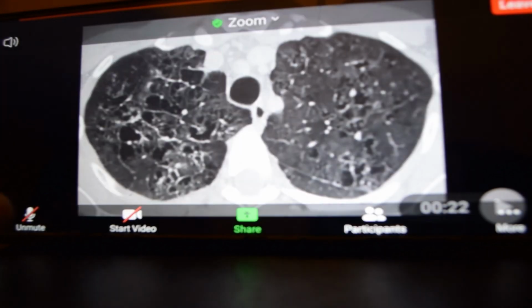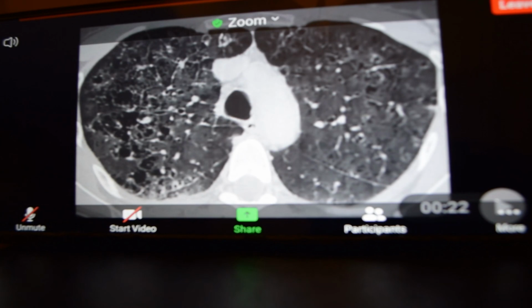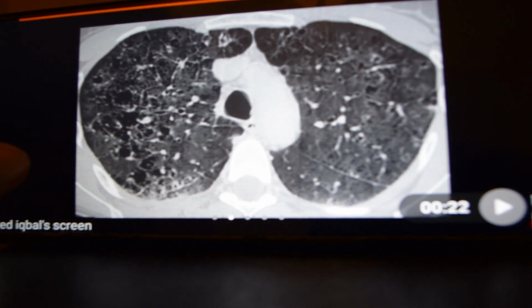This is LAM, lymphangioleiomyomatosis. Again, cysts, bronchiectasis, thickened septa, a few areas of traction bronchiectasis.